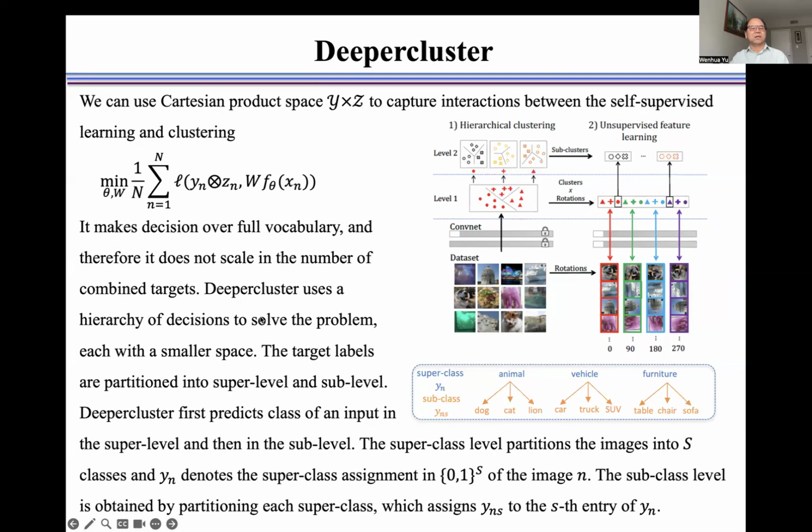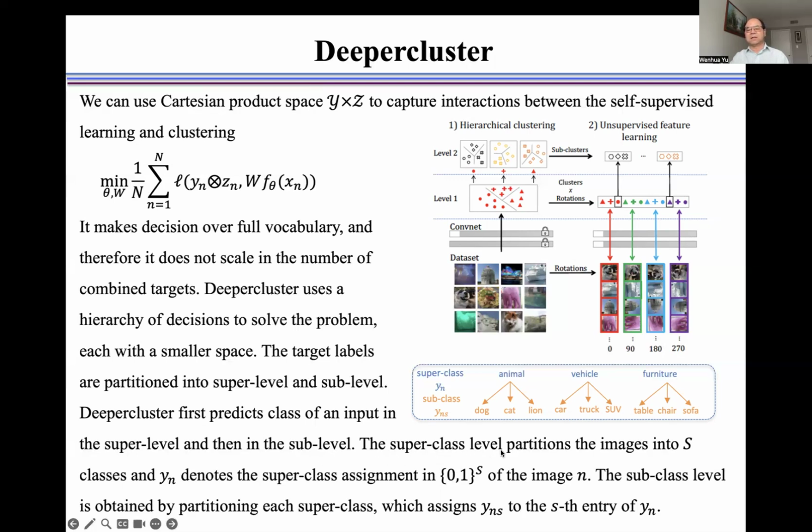DeeperCluster uses a hierarchy of decisions to solve this problem, each with a smaller space. The target labels are partitioned into super and sub-level, as shown here and here. DeeperCluster first predicts the class of input in the super level and then in the sub-level.